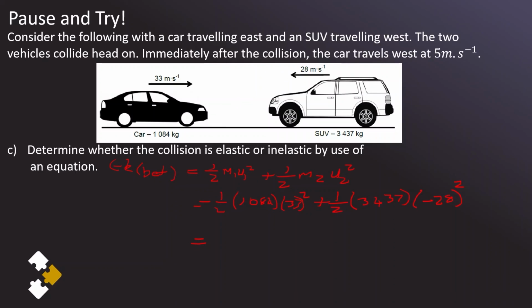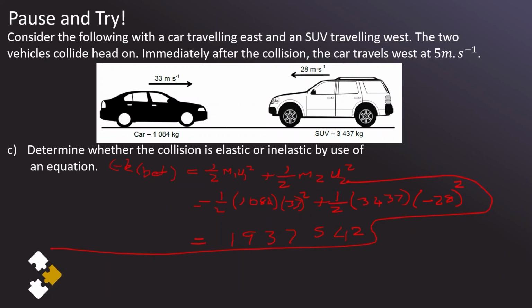And that gives us 1937,542. That is the kinetic energy before. Now we need to calculate the kinetic energy after. Let's quickly do that. So for after, let me just draw a line there so that we don't end up mixing the two.